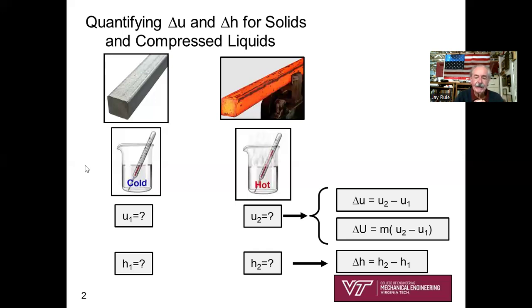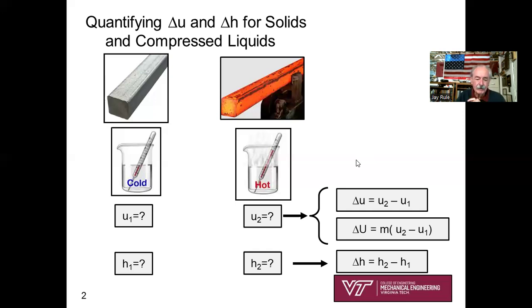I think you get the idea that there can be situations, kind of like the first law for a closed system, where you need to find delta little u. And why are you doing that? Because you need to find delta capital U, the mass times the change in little internal energy, and you're using that in the first law for a closed system.